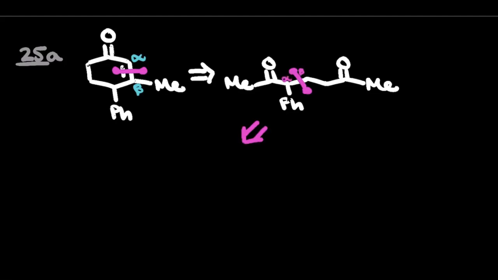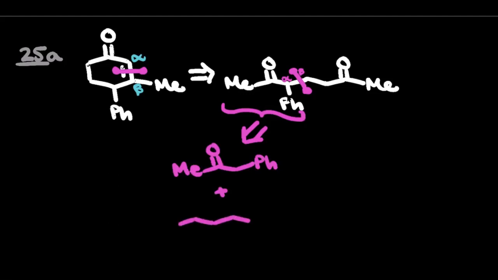This would be your alpha, beta. So everything that was over here would be part of the enolate, or the nucleophile. And that means that the alpha, beta unsaturated carbonyl that you formed was this one over here.